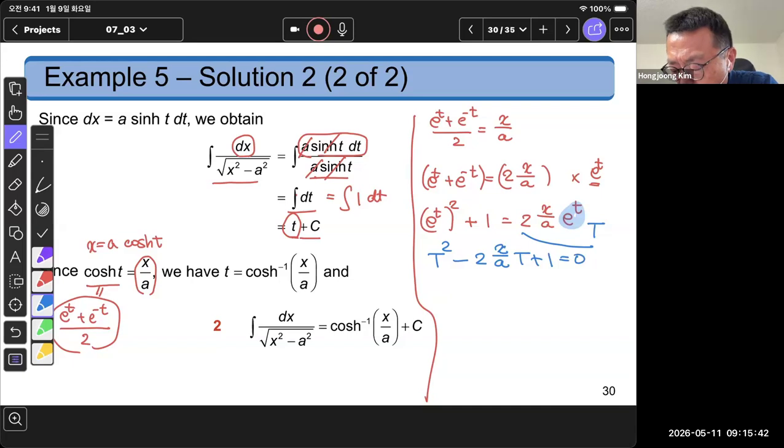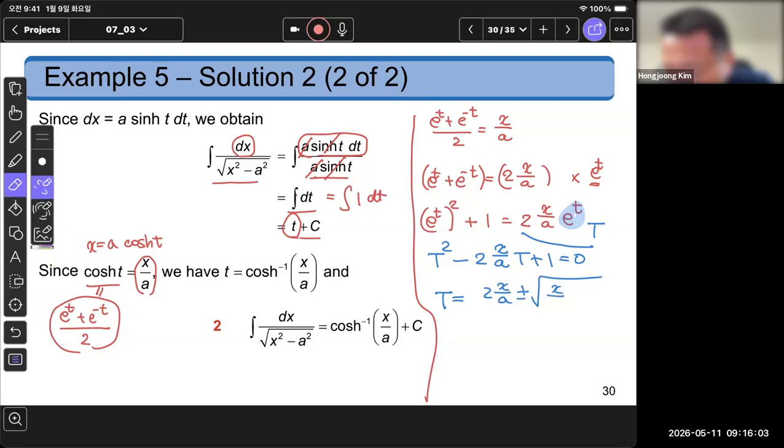So T will be, by the quadratic formula for this second order equation, 2 times x over a plus or minus square root of 2x over a squared minus 4, over 2.